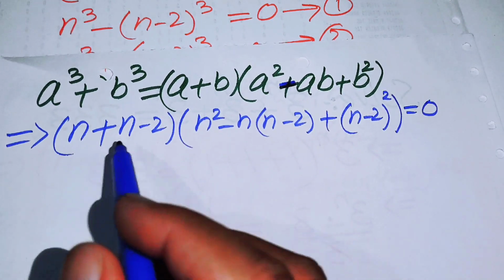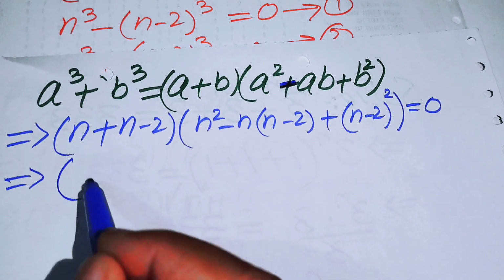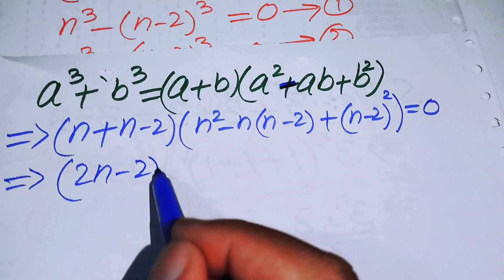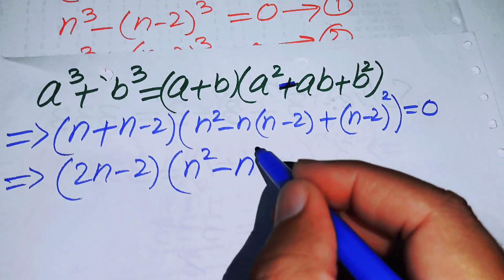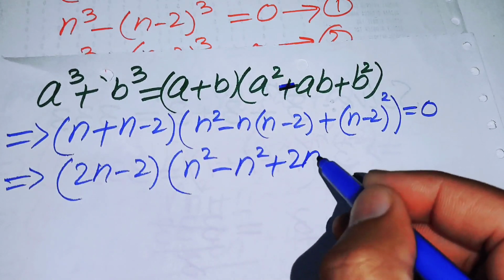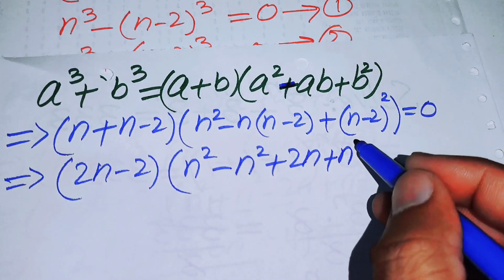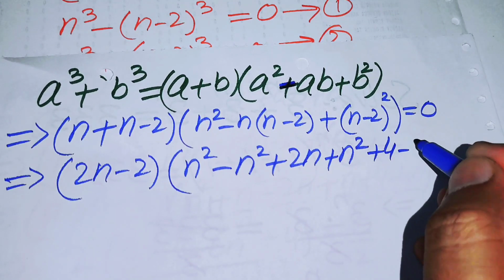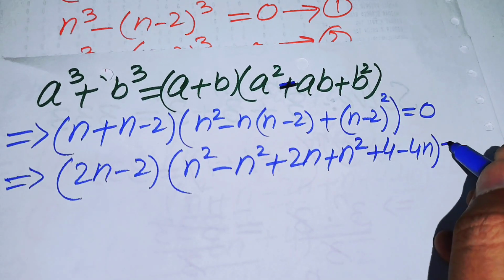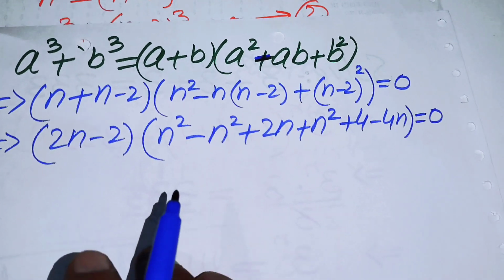And now we can simplify the terms, and here you get 2n minus 2 times n squared minus n squared plus 2n plus, here we expand this formula, and you will get n squared plus 4 minus 4n, and this whole equation is equal to 0.